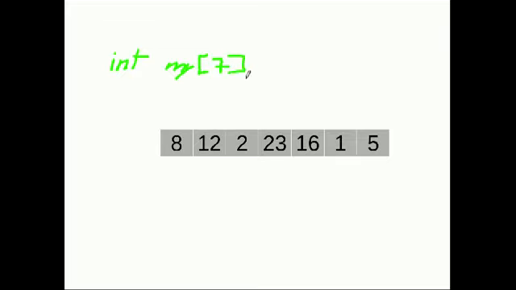And we can initialize it by saying equal. We can leave it empty, or we can say this equals 0, meaning initialize all the elements to 0 or 10 or whichever.